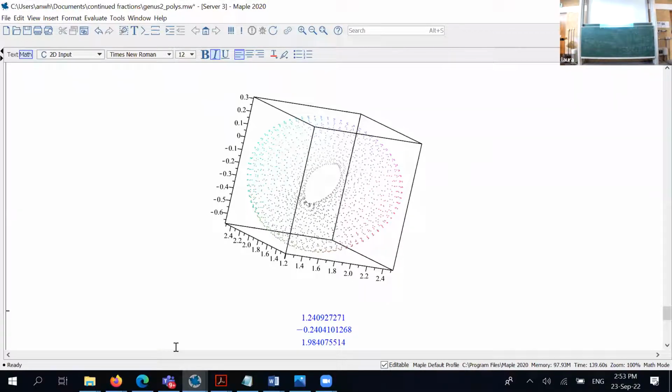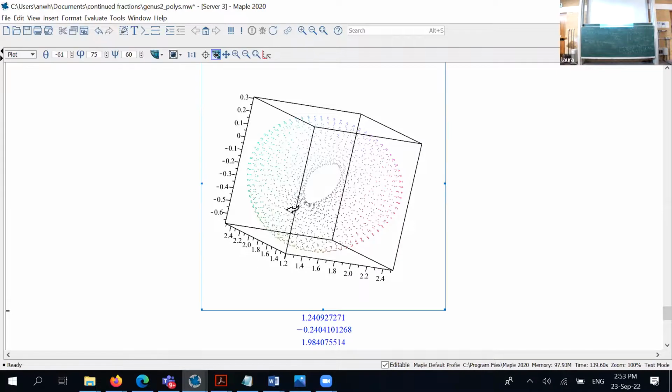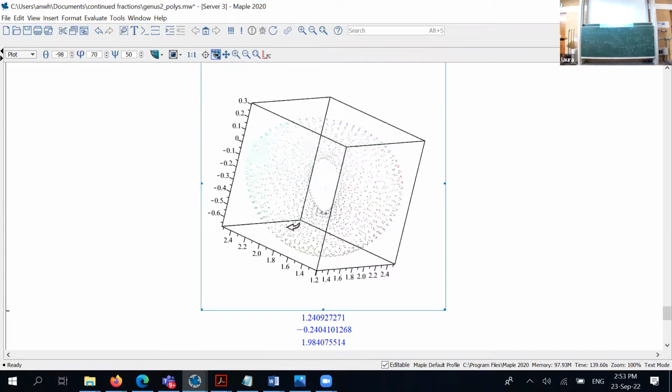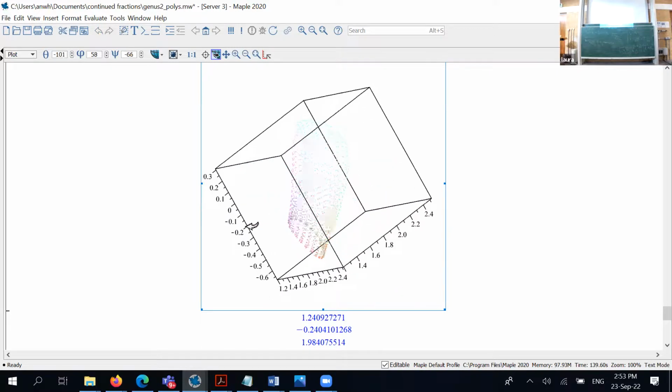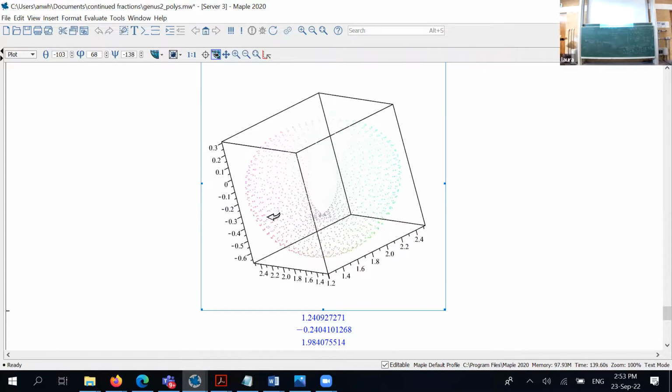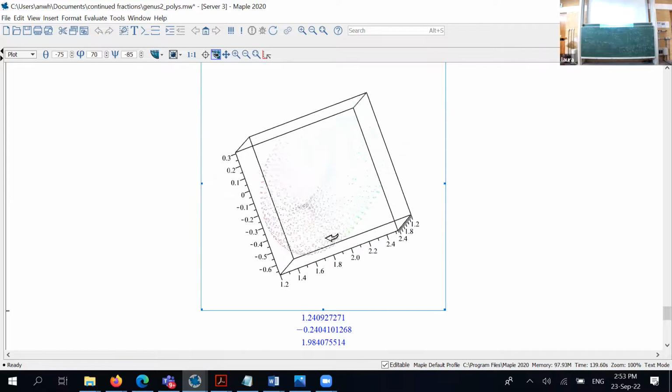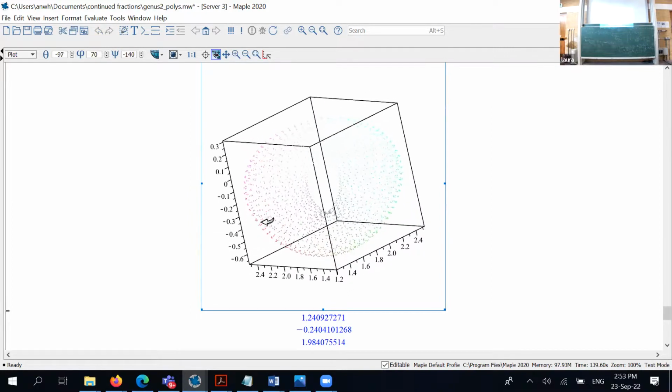This is the genus 2 map. So it's a map in 4 dimensions, but I've projected it into 3D by just projecting down to 3 coordinates. And you can see a nice Liouville torus, a 2-torus, which is the level set of the map.